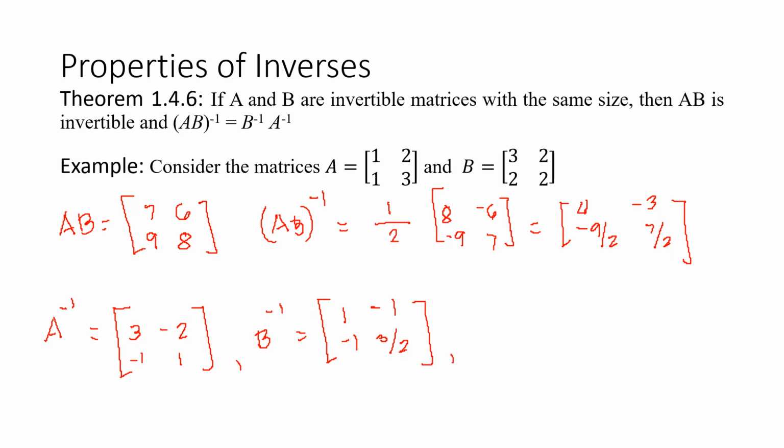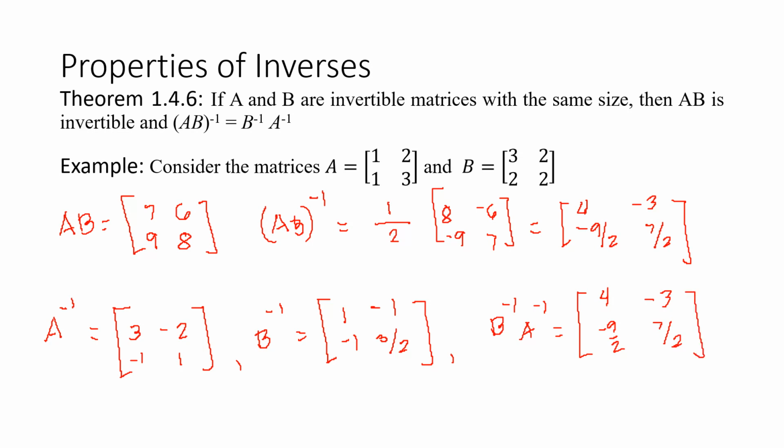Then the inverse of B and the inverse of A is of course the product of this one times this one, which is equal to 4, negative 9 halves, negative 3, 7 halves.